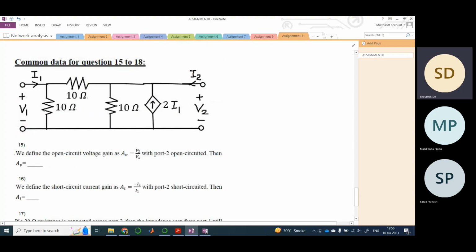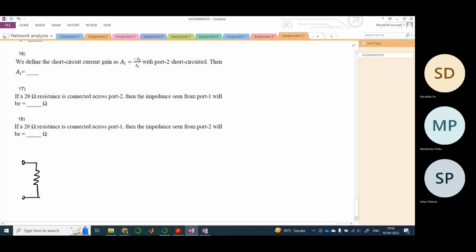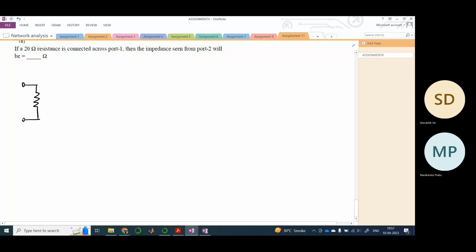So there was one resistor here, two resistors, one current source. This is of course a dependent current source, right?